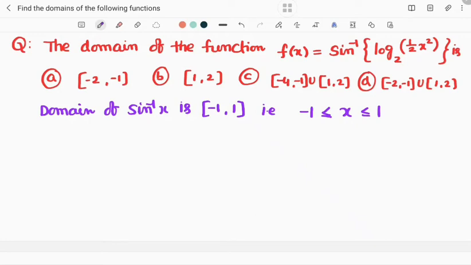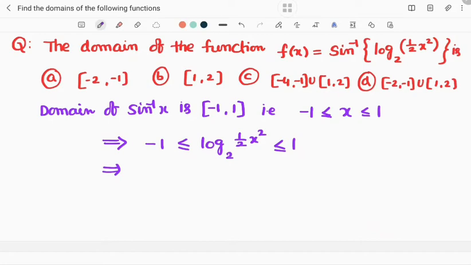So similarly, for the domain of sine inverse of that function, minus 1 is less than or equal to log of half x square to the base 2 is less than or equal to 1. After that, what we are going to do is, here the log base is 2.